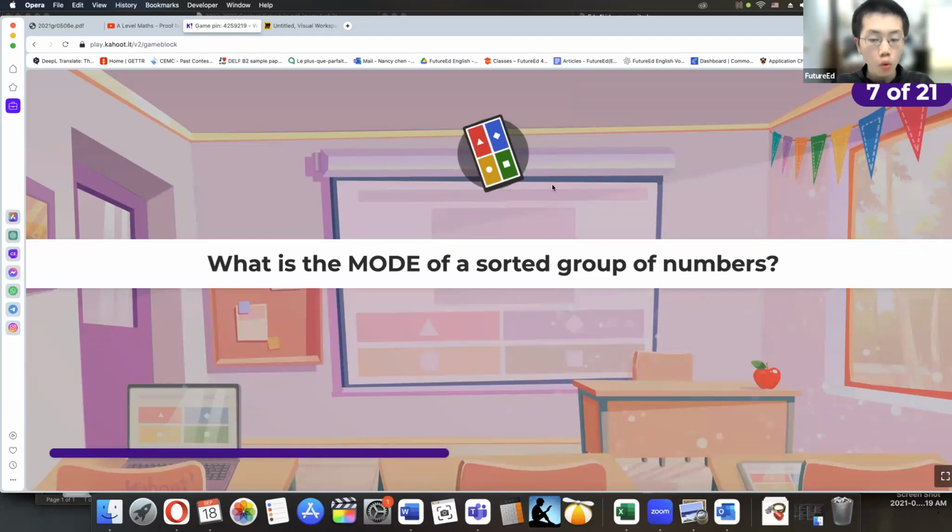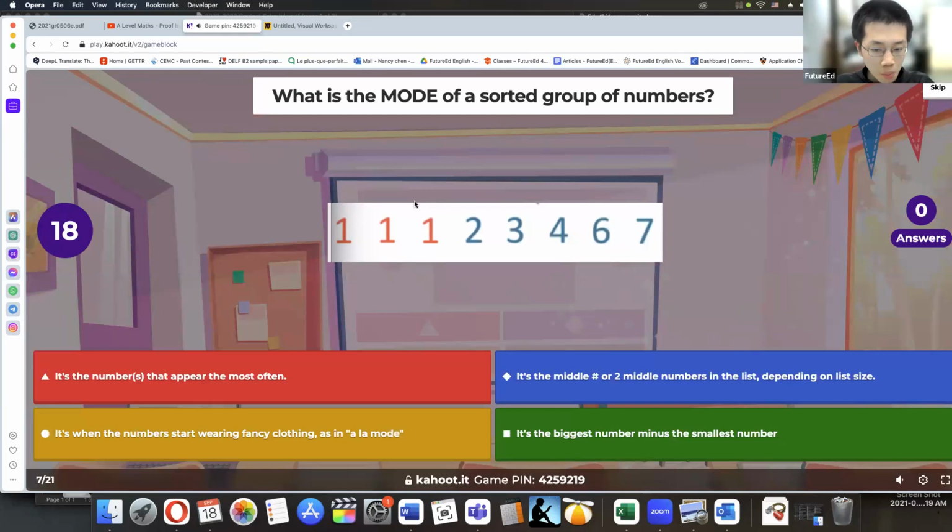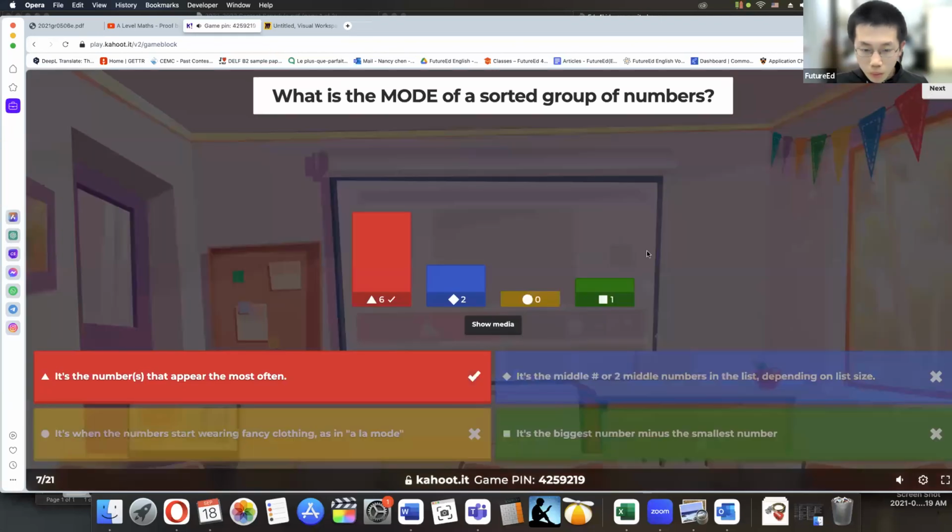Okay, what is the mode of a sorted group of numbers? This is also a statistics related problem. All right, the mode is the number that appears most often.